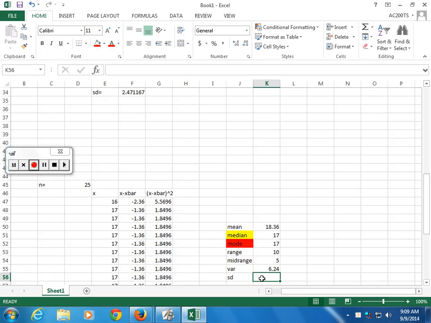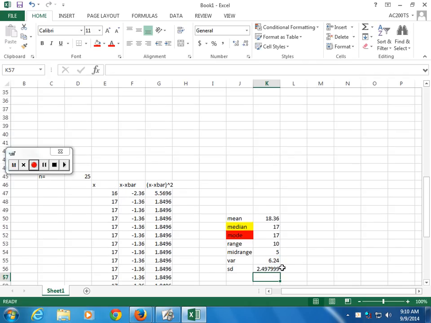And then do what with that? That's the variance. What do you do to the variance? You get the standard deviation. Take 0.5 power. Throw an ampersand in there too. Point. And look at that. There's our standard deviation.